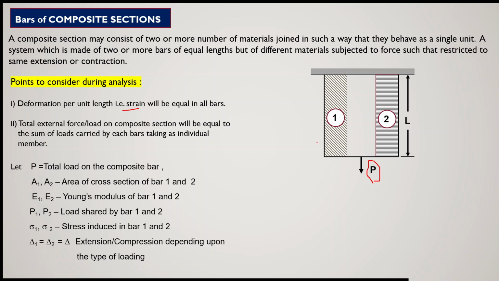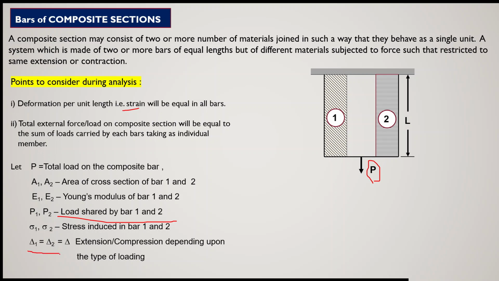As they are of different materials, E1 and E2 will be the Young's moduli of bar 1 and bar 2. Let P1 be the load shared by bar 1 and P2 the load shared by bar 2. Accordingly, sigma 1 will be the stress induced in bar 1 and sigma 2 the stress induced in bar 2.